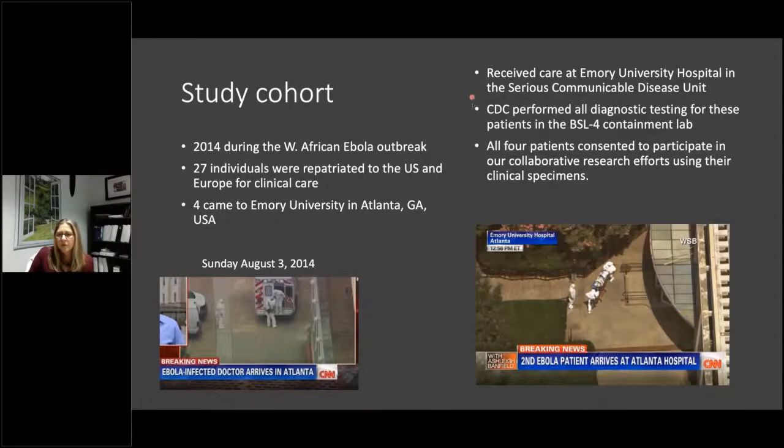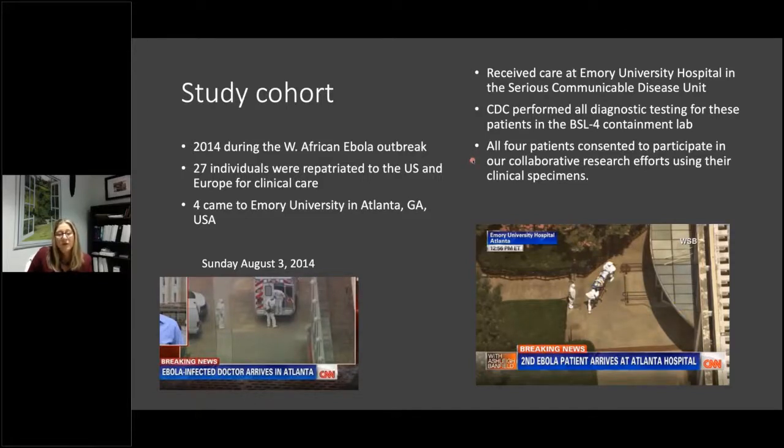And so the samples were all handled in the BSL-4 containment lab at the CDC, which is, of course, the kind of laboratory conditions in which Ebola needs to be handled. Fortunately, all 4 of these patients graciously consented to participate in collaborative research efforts using their residual clinical specimens. I will show you data today that is very longitudinal, many years out for some of these patients, and that was from samples collected specifically for research.